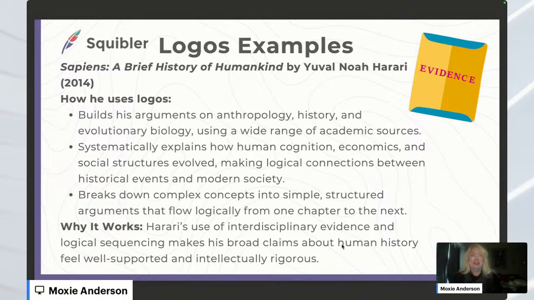And he also writes engagingly. He breaks down these complex topics and concepts into simple, structured arguments that flow logically from one chapter to the next. So his approach of using logos works well because his interdisciplinary evidence and logical sequencing make his broad claims about human history feel well supported and intellectually rigorous.